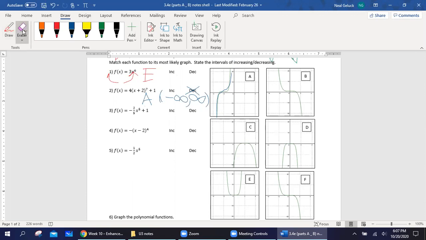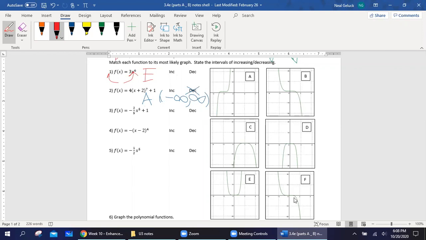For number 3, again, I'm first going to look at the power. The power is odd, x to the 5th. So that tells me opposite directions. So again, I'm looking at A, B, and F. It's negative out in front, so this means it's going to go downhill from left to right. Well, both of these go downhill from left to right.